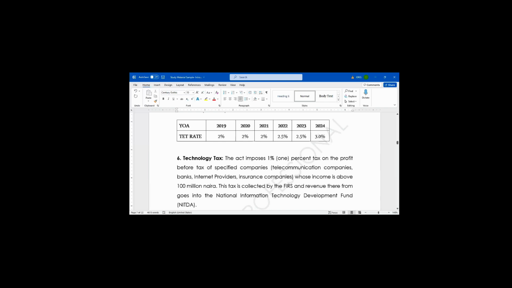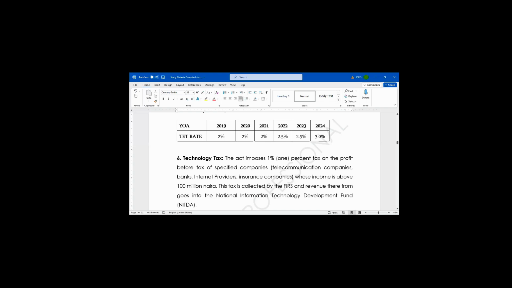They pay technology tax. Internet service providers, Remita. Which other internet service provider do we have? Payment service providers. Insurance companies. Banks pay technology tax.